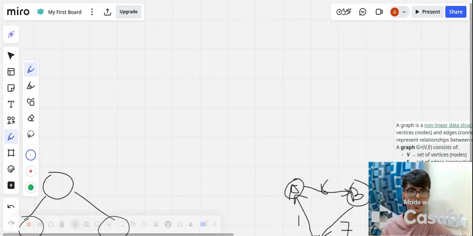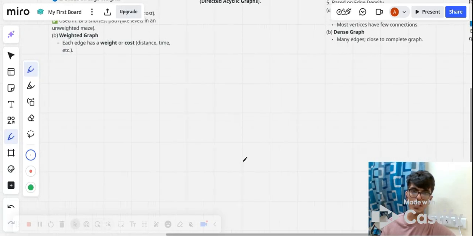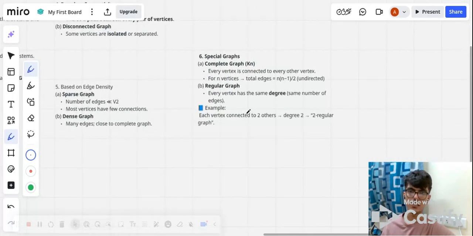If it has more edges compared to the number of vertices, then that's what we call a dense graph. That's what is mentioned here. If the number of edges is very few compared to the number of vertices, that is a sparse graph, and with many edges we have a dense graph.